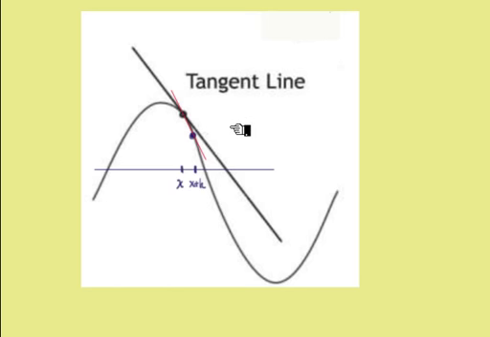Now we're looking at the picture of the tangent line and the secant line one more time, but this time we relabeled the x-coordinates. Now the x-coordinates of these 2 points are x and x plus h. So let's label these 2 points. The x-coordinate is x, and the y-coordinate here is f of x. And here the x-coordinate is x plus h, and the y-coordinate is f of x plus h.